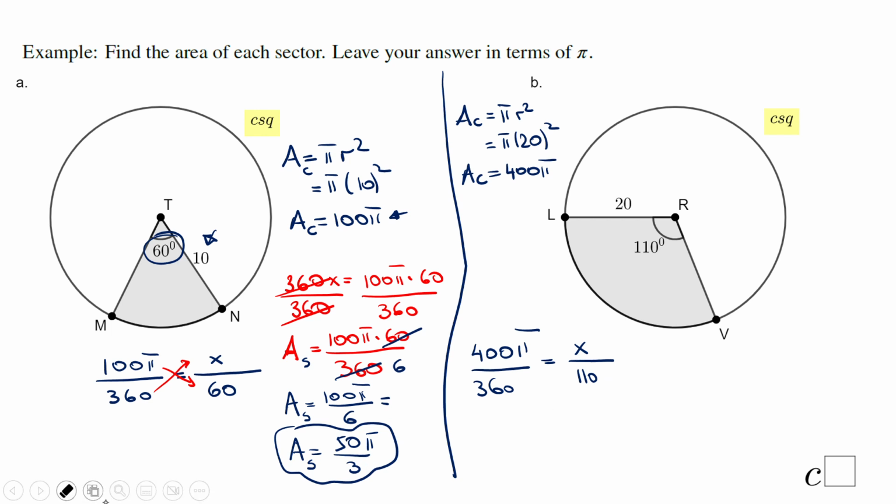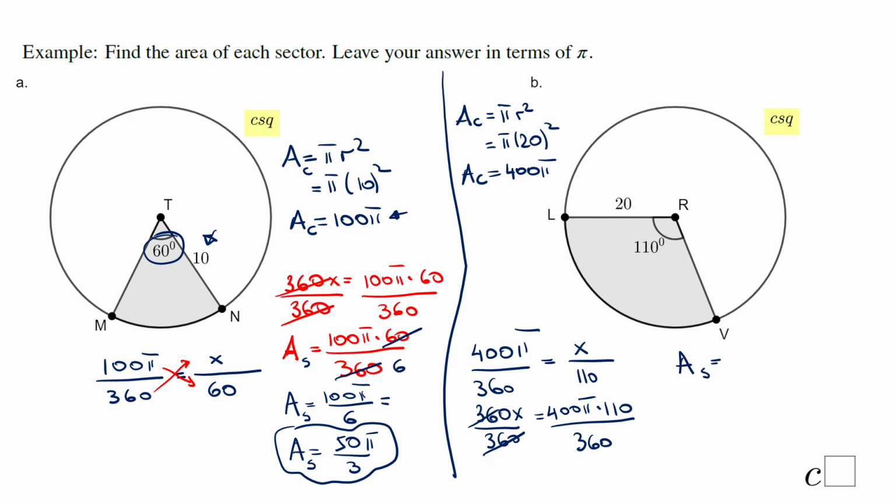We're gonna do the cross multiplication, and we have something very similar. 360x equals 400 pi times 110. We're going to divide by 360. And now I'm going to replace that x with area of the sector.